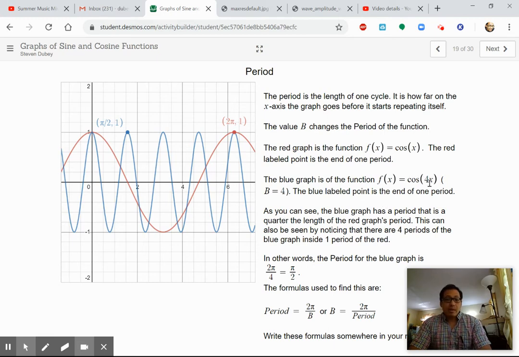You can see a couple things here. When we add this 4 in front of x inside the cosine function, it means there are actually 4 periods inside where normally there is only 1 period of the cosine. So here's 1 period of the cosine function, from 0 to 2 pi. Now we've got 4 cycles inside there.